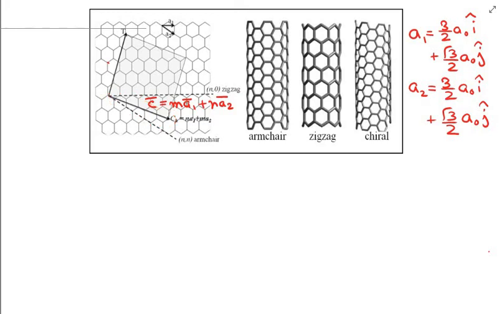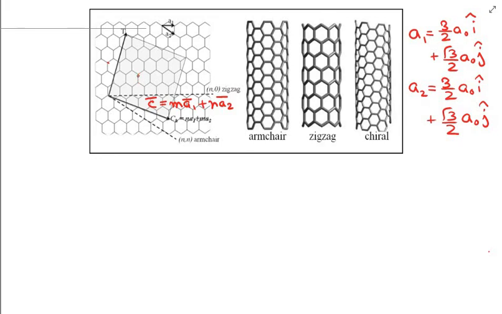Now when I roll the graphene sheet, I have to connect two equivalent points. For example, this is one unit cell of graphene, so it is evident that this point and this point are not equivalent points. These two are different, and this is what forms the unit cell in graphene.